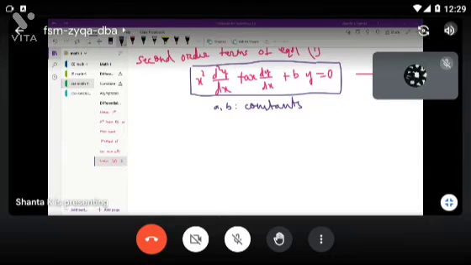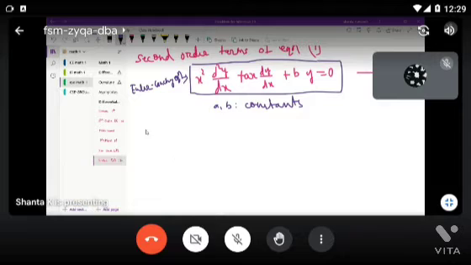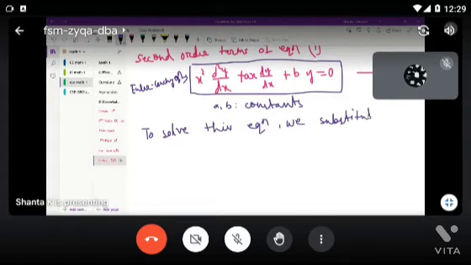If this is your form of equation, then you can solve it by substituting y equals to x power m. Right, this is Euler's equation. So whenever you have this particular equation, we substitute y equals to x power m.